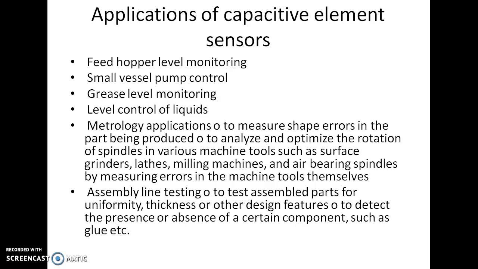Then metrology applications, like surface grinder, lathe machine, milling machine and air bearing spindle, by measuring error in the machine tools themselves. Then we also use this type of sensor in assembly lines.